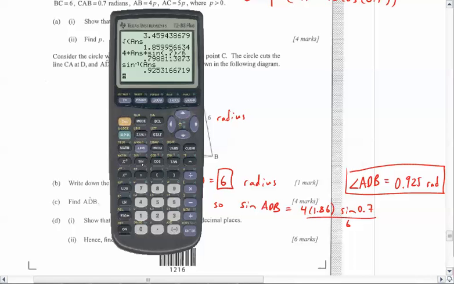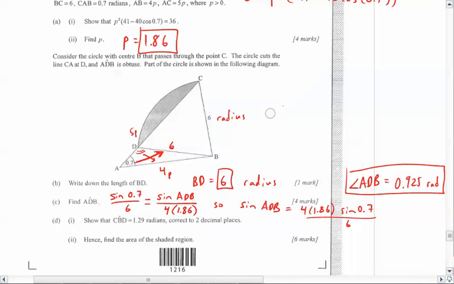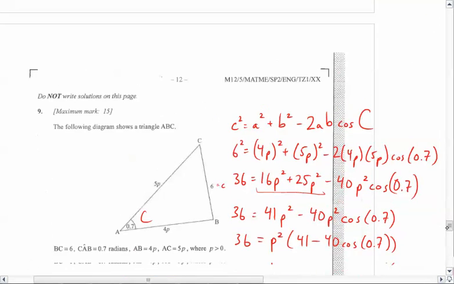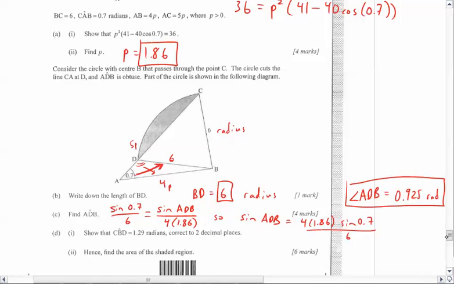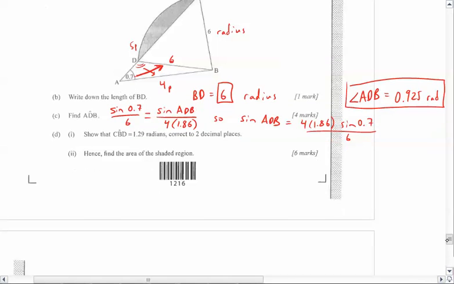So if I did that again, sine inverse of 0.7988113073, I get 53 degrees. Does it look like about 53 degrees? Not at all. It looks obtuse. So maybe there is another answer.